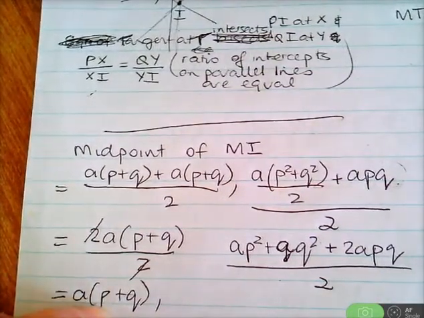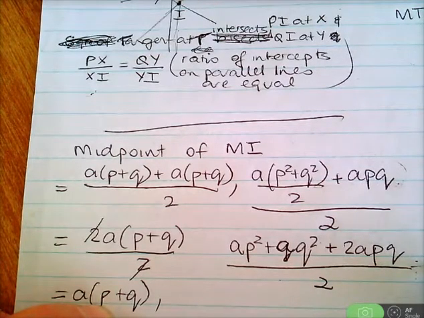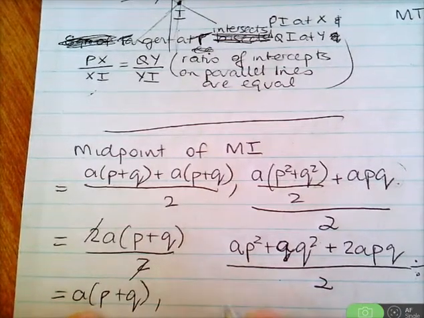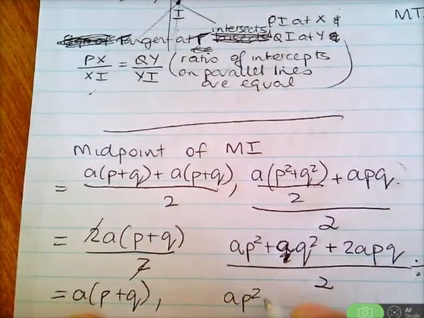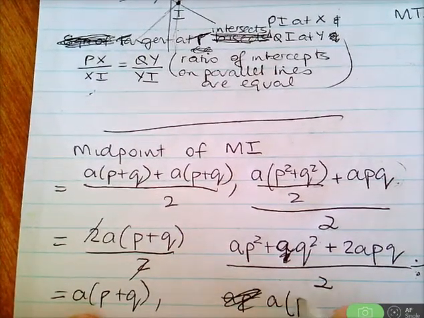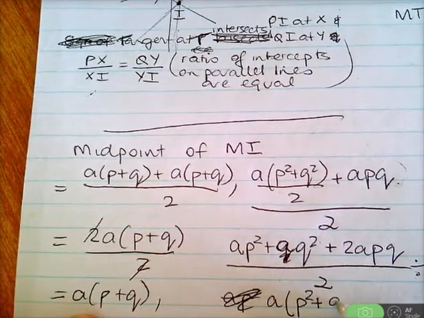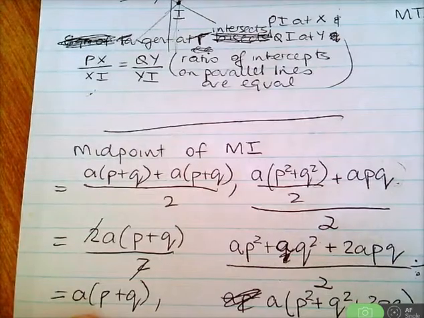If you divide that by 2, where does that 2 go? Divided by 2 is the same as, I'll go divide by 2. So what's it going to be? AP squared, I'm going to factorize out an A. A bracket P squared plus Q squared plus 2PQ. Instead of divide by 2, it's times a half.